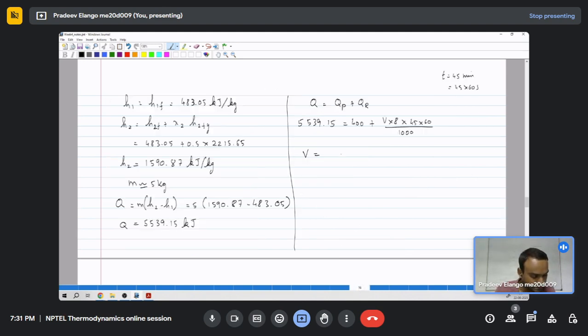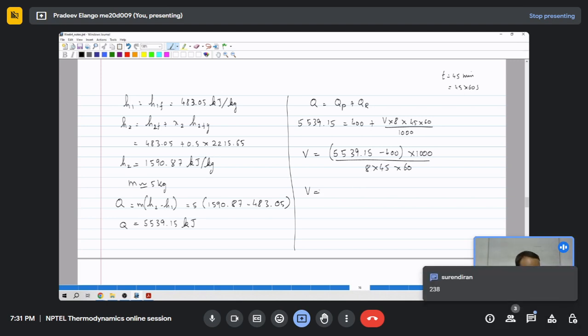That is 5539.15 minus 400, into 1000, divided by 8 into 45 into 60. Yes, it is around 238 volts.